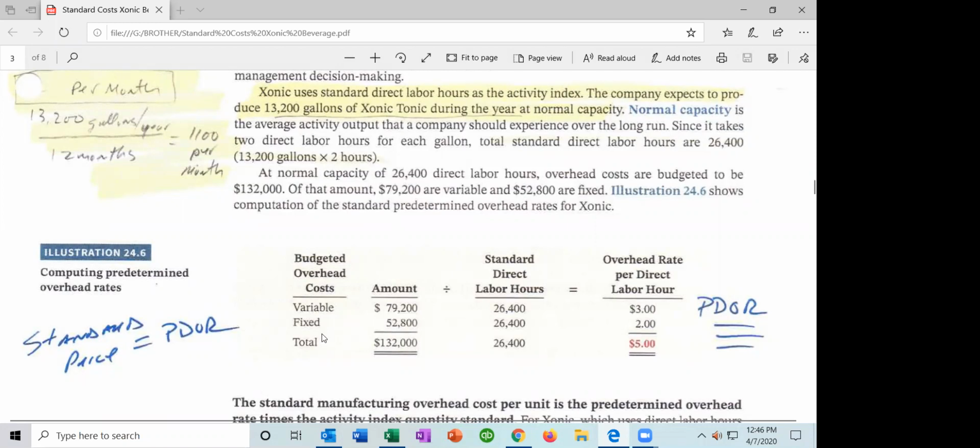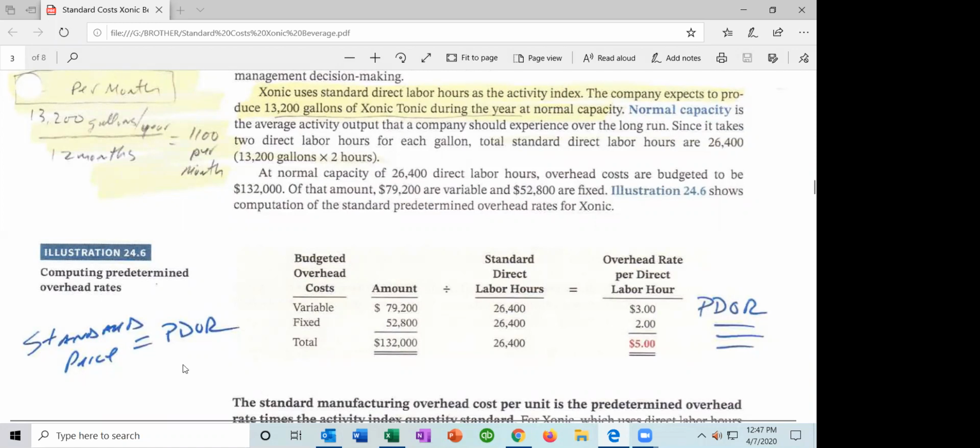They did the same thing for the fixed overhead. The total estimated fixed overhead is $52,800 divided by the activity base of 26.4. Predetermined overhead rate for fixed manufacturing overhead is $2.